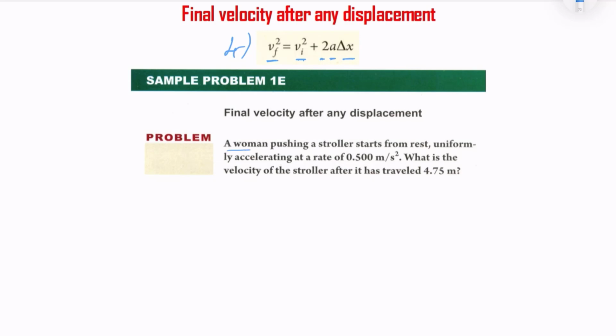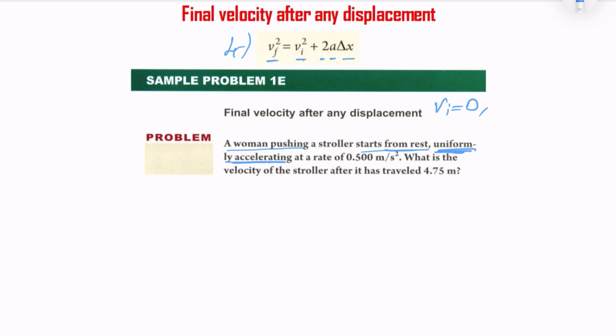A woman pushing a stroller starts from the rest. When it says start from the rest, it means to us initial velocity is 0. Uniformly accelerating. So we reach again our keyword, uniform acceleration.